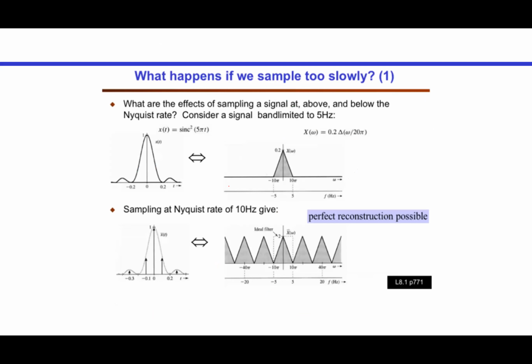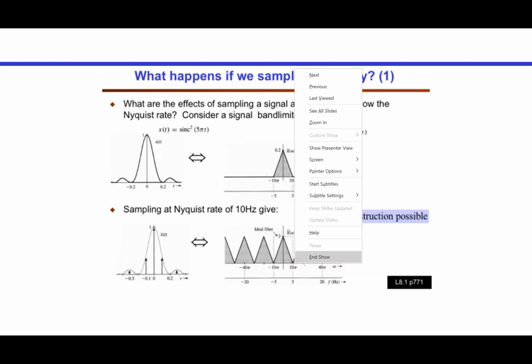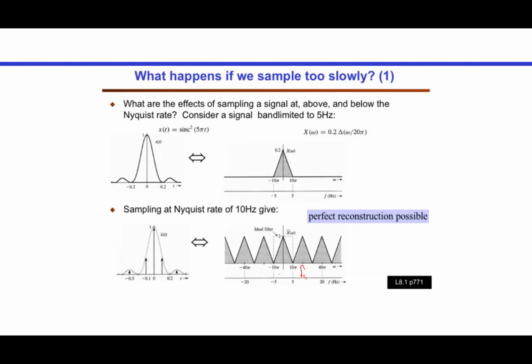So this is what happens if I select my sampling frequency to be exactly double my bandwidth. So this is my FS. There will be a copy of the spectrum of the original signal around 0.